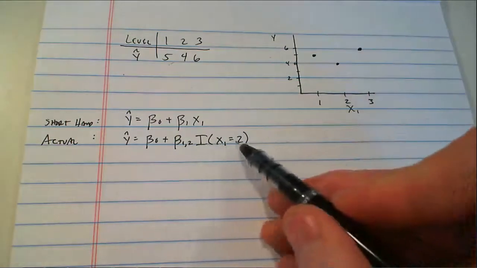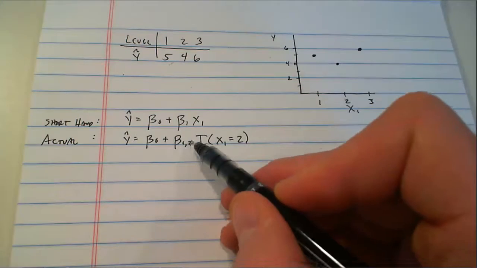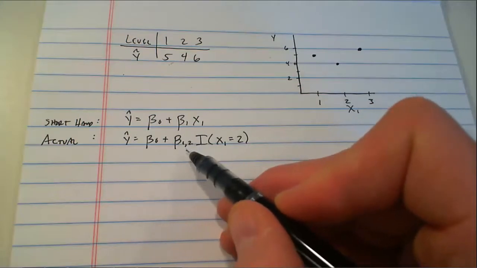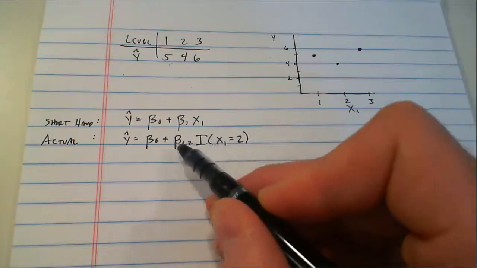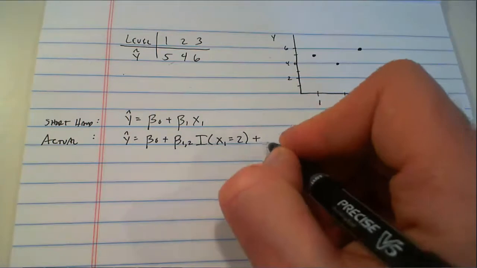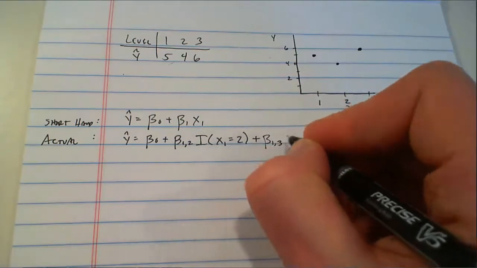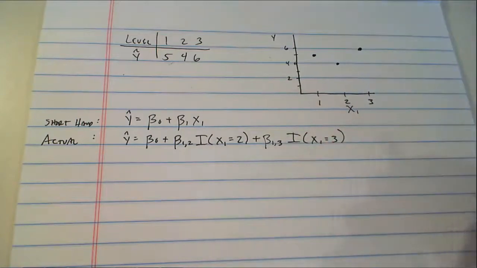So when x1 equals 2, this indicator function will be 1, which allows this beta 1,2 to come into play. When x1 is either 1 or 3, this indicator is 0, and this has no effect. This whole term becomes 0. Plus, same thing, beta 1,3 times the indicator function x1 equals 3.